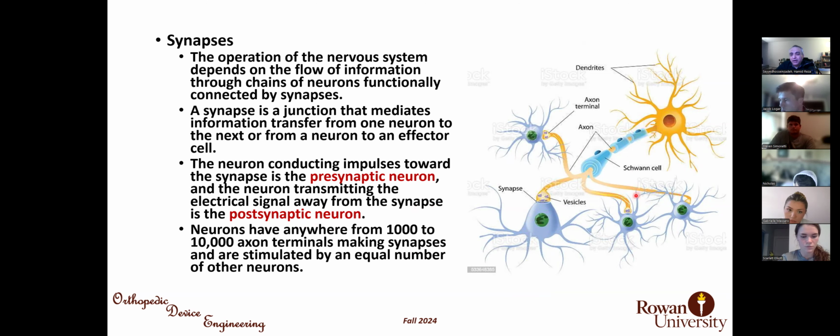Each neuron can connect to up to or even more than 10,000 other neurons. So when you have an impulse in one neuron, it can stimulate several other cells.